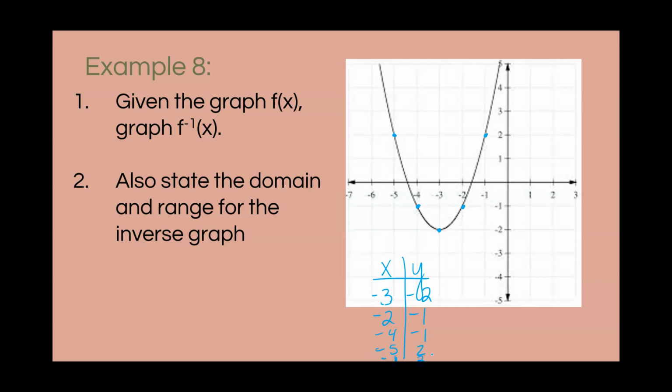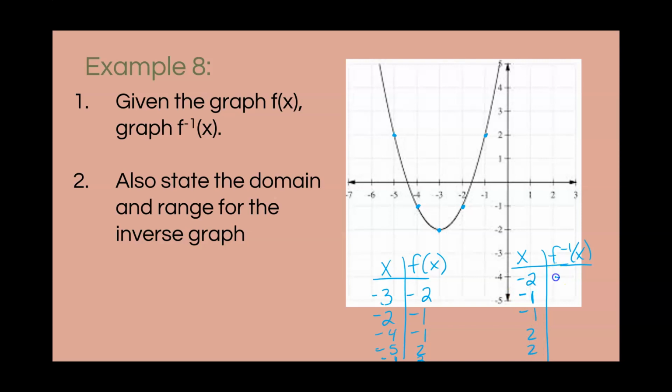Okay, and then to do the inverse graph, let me change this to f of x. So then this is f inverse of x. And we're just going to switch the points. So all my y values from the original become my x's.